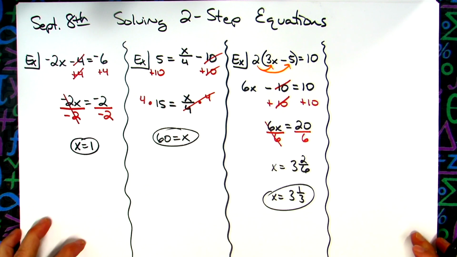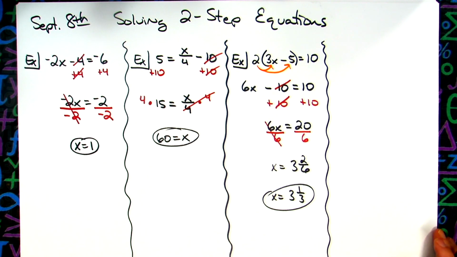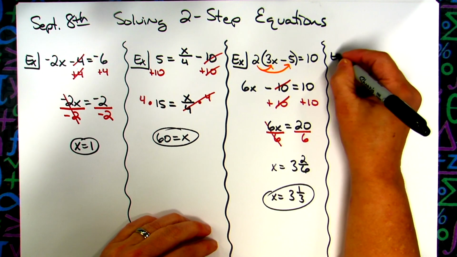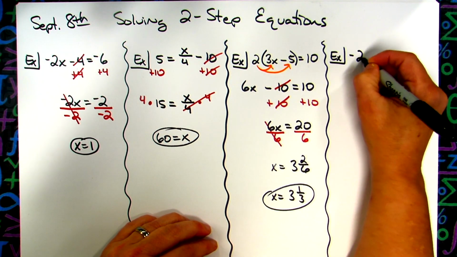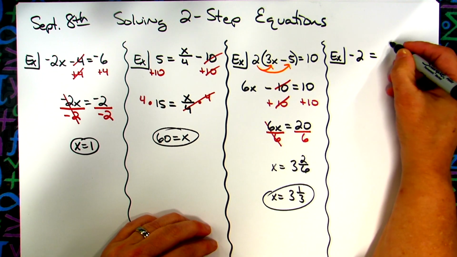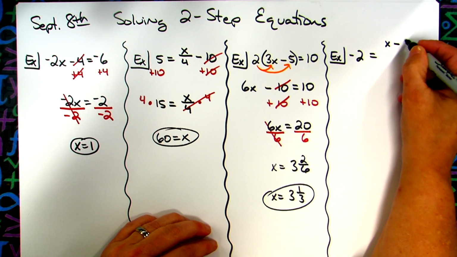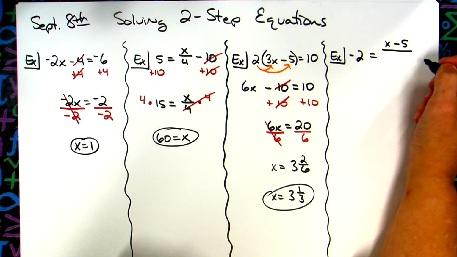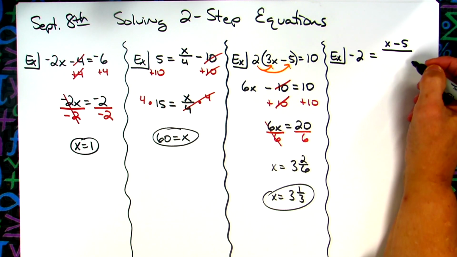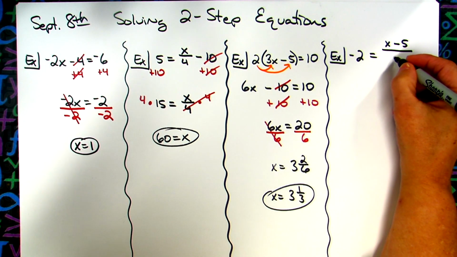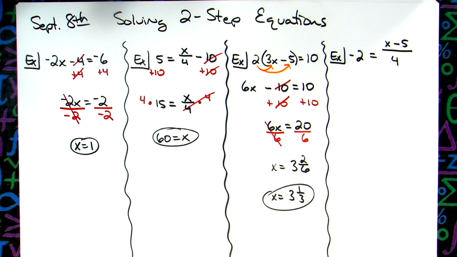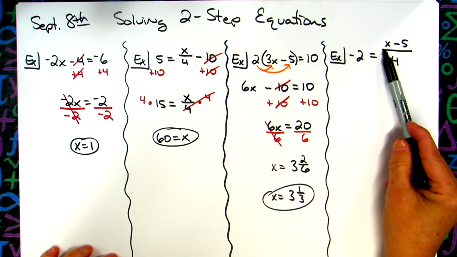That's what I want you to do for those. Now, ones that look like, maybe say, negative 2 is equal to x minus 5 over, let's put a 4 down there at the bottom. Now this one has division in it, but it's a much longer division bar.